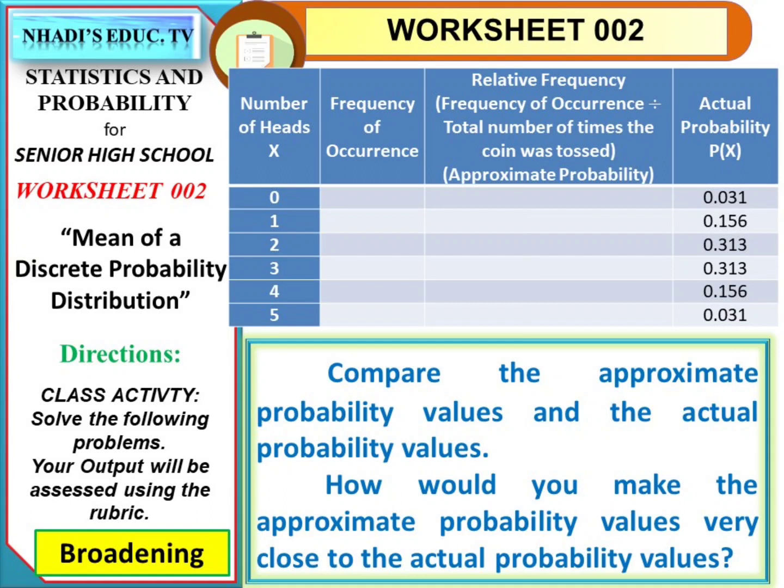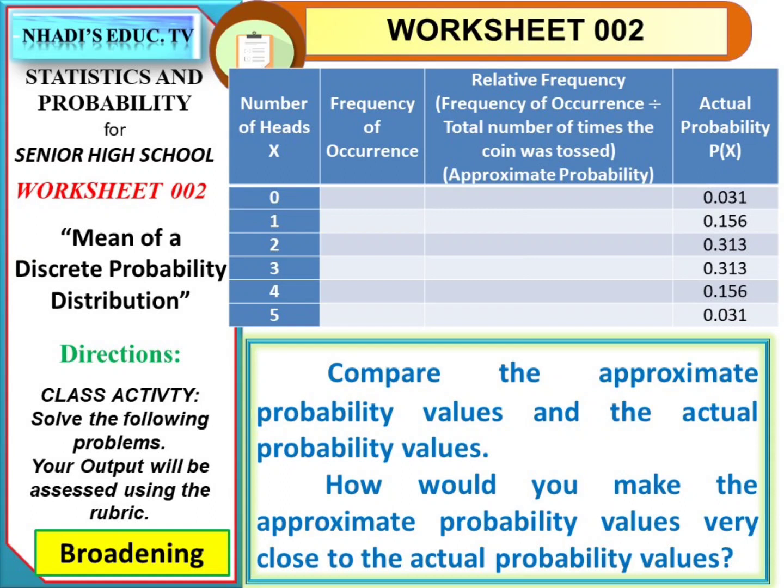The next column will be the frequency of occurrence. This will be a combined output of each student or your member or the class. Then relative frequency: the frequency of occurrence divided by the total number of times the coin was tossed. So you should do the approximate probability.